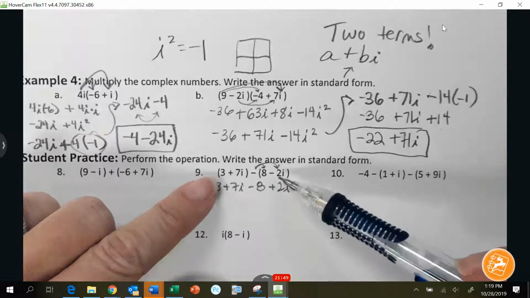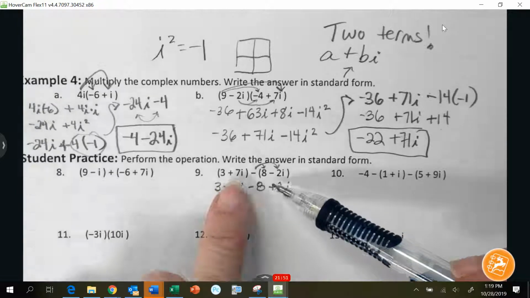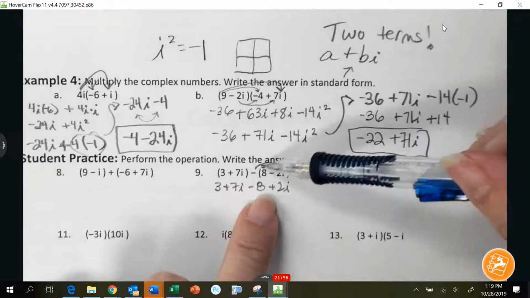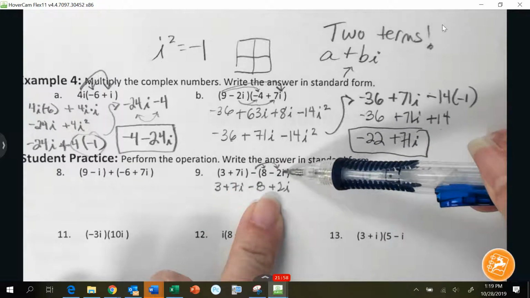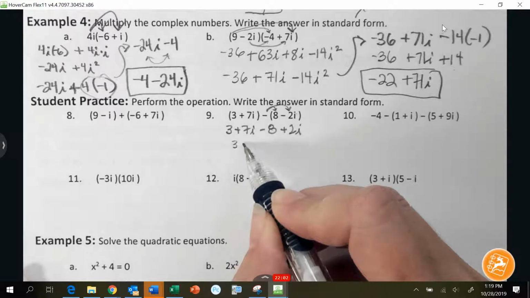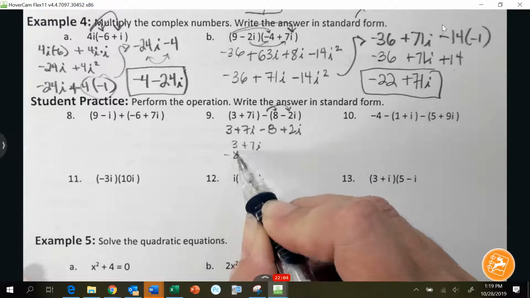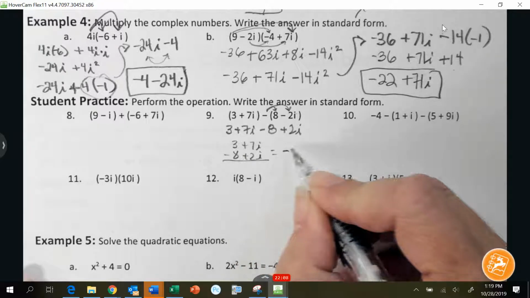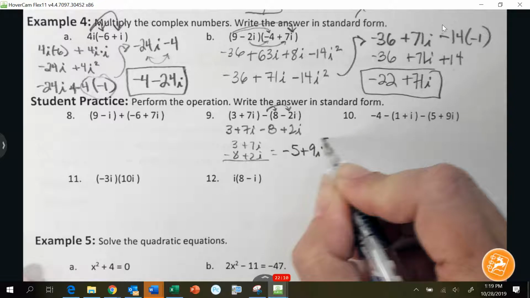But this is going back a page. You look between these two binomials, this is subtraction. So I'm going to subtract 8 and add the 2i. Then from here, we just combine like terms. So 3 plus 7i combines with negative 8 plus 2i. I get negative 5 plus 9i.